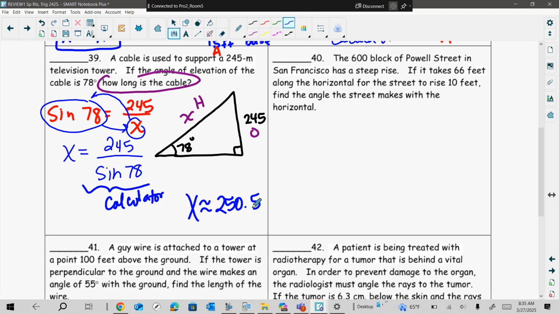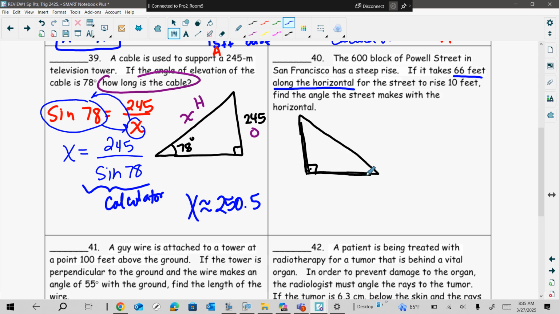So in a problem like 40, same scenario, we're going to just start off with a generic right triangle. Okay, triangle's crooked, but let me fix that. It says 66 block of Powell Street in San Francisco has a steep rise. And it says right here, it takes 66 feet along the horizontal.